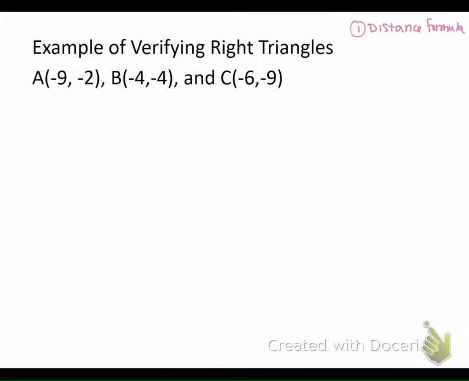That's why I'm writing it up here. It was part of your final, just to be aware. So your 3 sides are AB, BC, and AC.